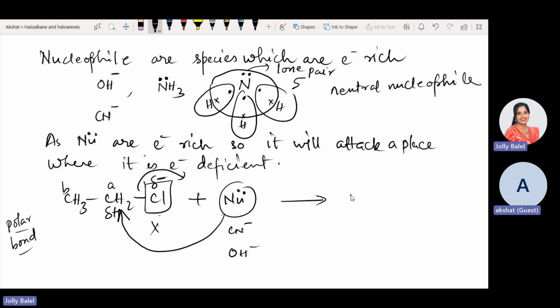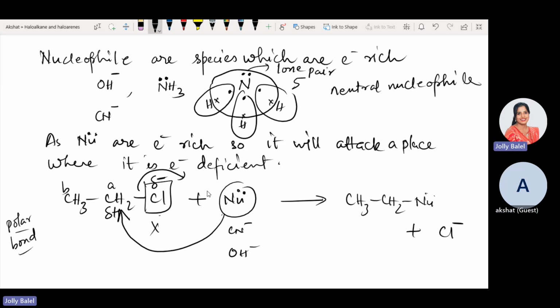So the product will be CH3CH2 nucleophile plus Cl minus. Understood? Substitution means replacement, right? Here, the nucleophile is replacing the halogen atom.